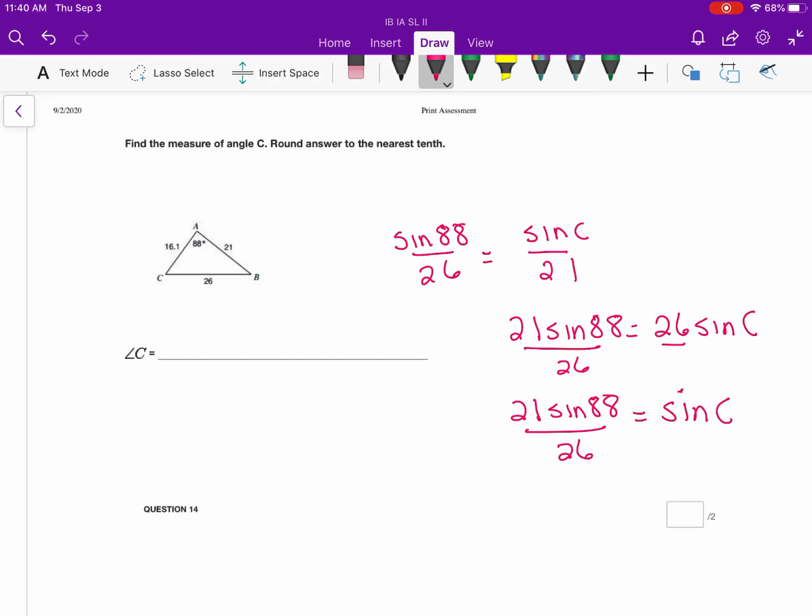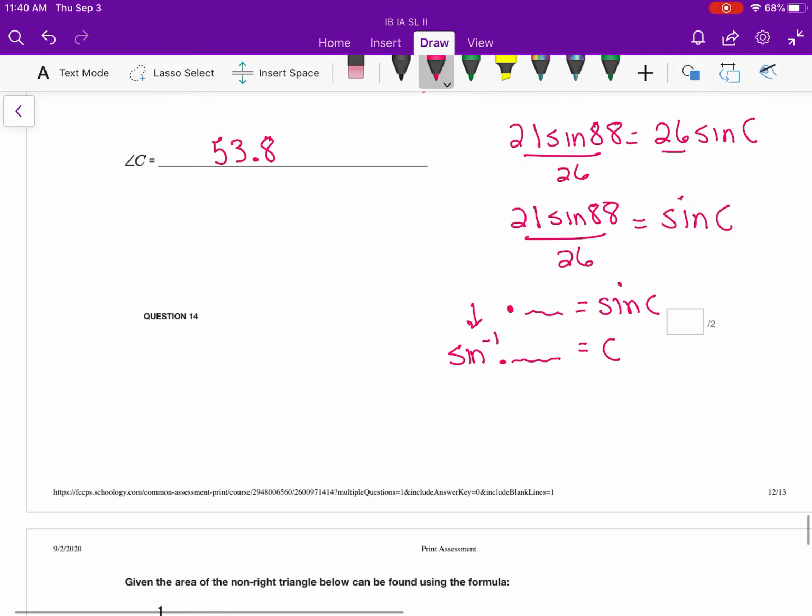So then you have some decimal over here, and I don't have my calculator in front of me, but some decimal equals sine of c. So when you go to figure out c, you put that in your calculator as sine to the negative 1 of whatever that decimal was, okay? So that's the key there, and you should get 53.8.